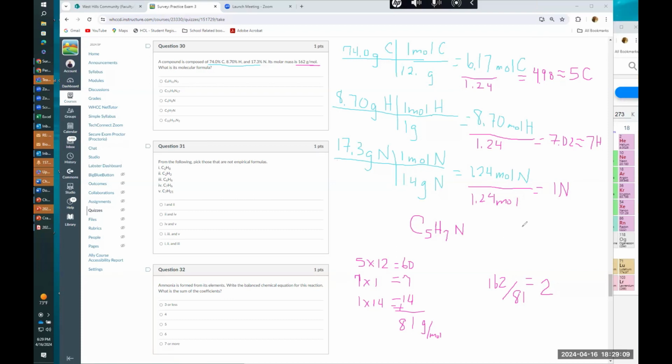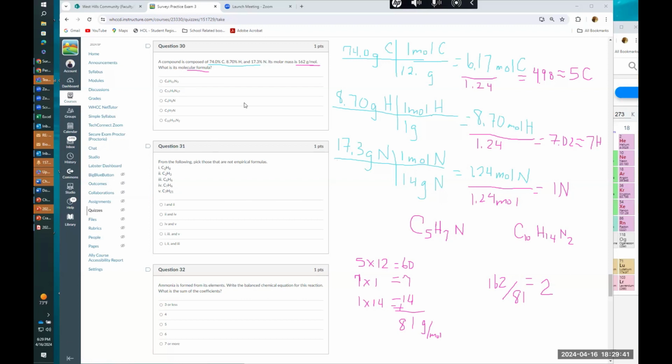C10H14N2. And so that would be the molecular formula. So when they ask for the molecular formula and they give you the molar mass, you have to do this part at the end.